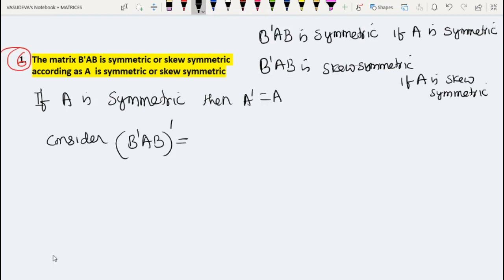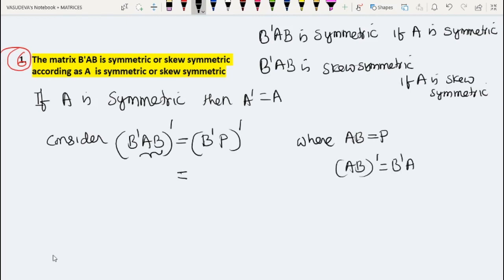We should take the transpose, and to say it is symmetric, B'AB can be written as, so now let's take this AB as product P. So now let's take this B'AB as (B'P)', where AB is equal to P. Now this is equal to, by the property of transpose, (AB)' is equal to B'A', so therefore P'(B')'.